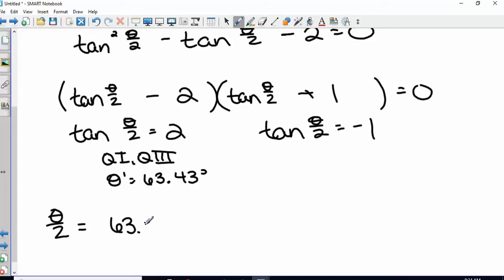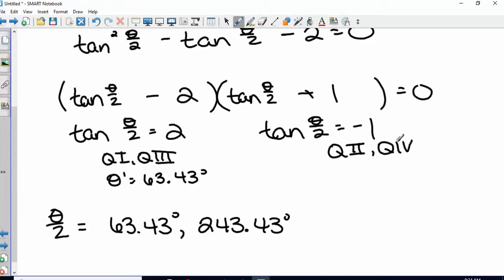So our angle, theta over 2, could equal, in quadrant 1, 63.43 degrees. In quadrant 3, what would you have to do? 180 plus, so we get 243.43 degrees.